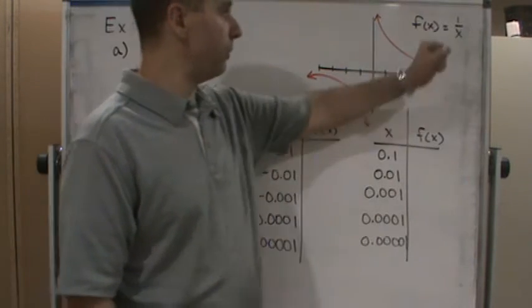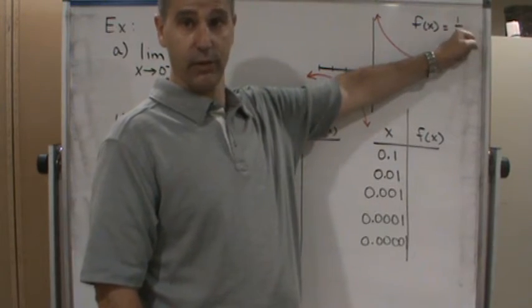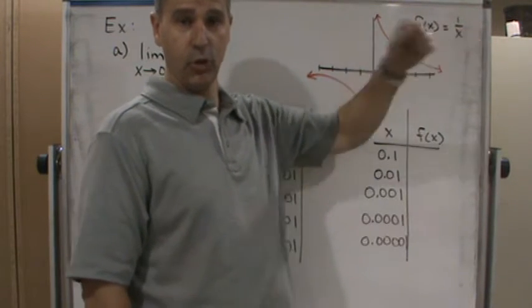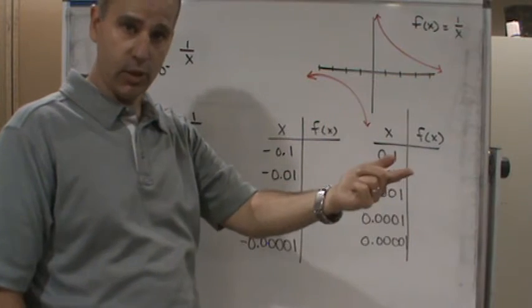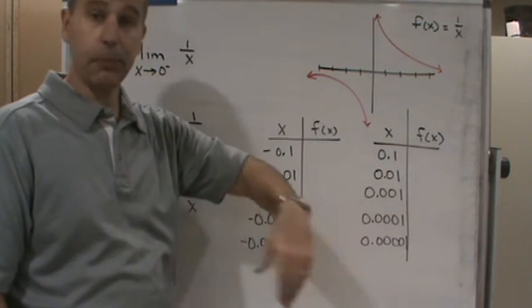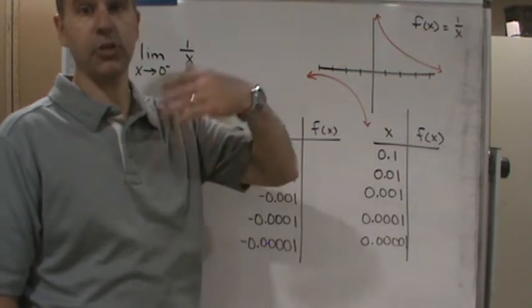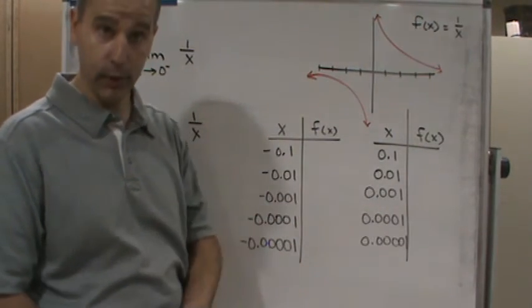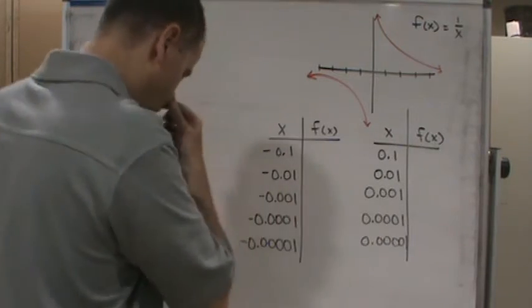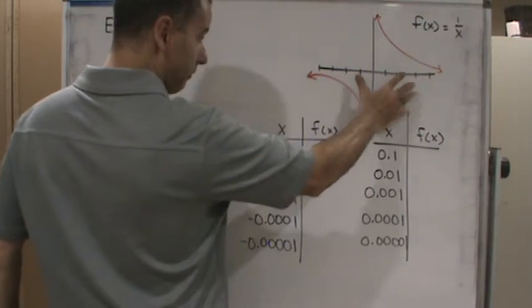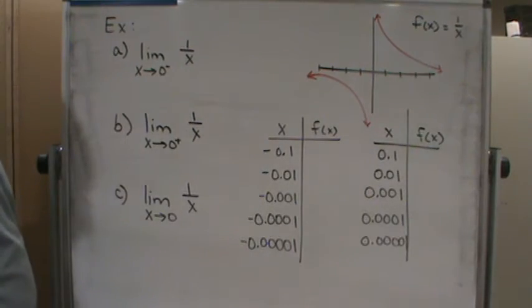So you should be very familiar with these basic, what I call toolbox functions: the identity function, the squared function, the reciprocal function, the reciprocal squared function, the absolute value function, all these other functions that you should be well familiar with.